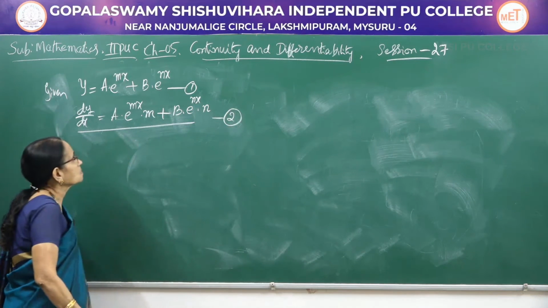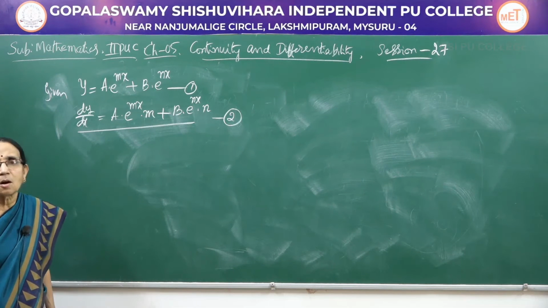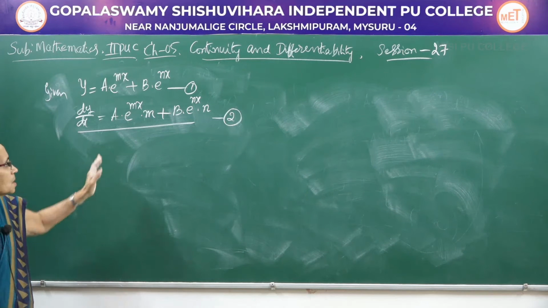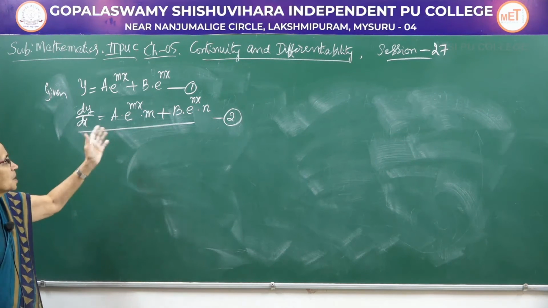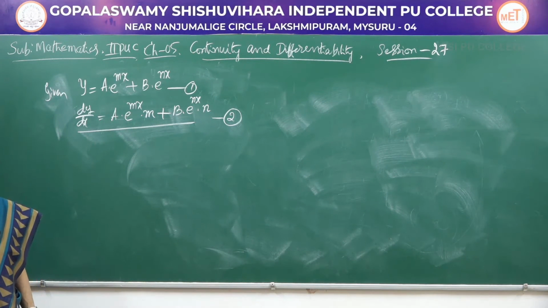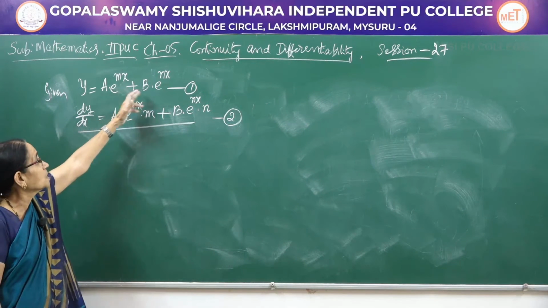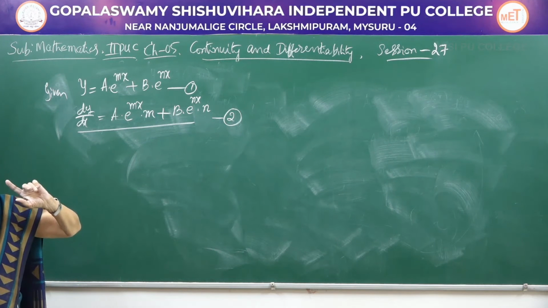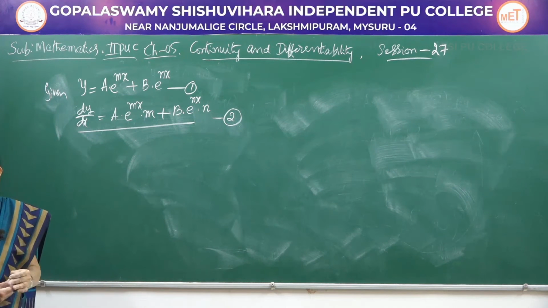Take it as 2. Now you cannot take out any common factor here, isn't it? Look here, we don't have any common factor at all because a and b are two different numbers, m and n are two different numbers. Suppose you had the same m here and minus m, something like that, then you would have taken the common factor. So this is the first derivative.